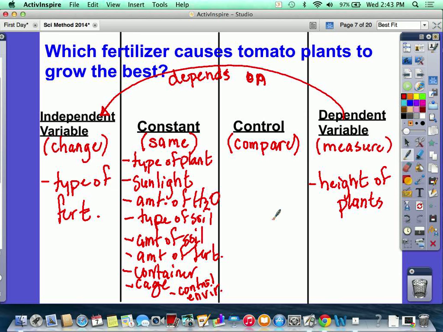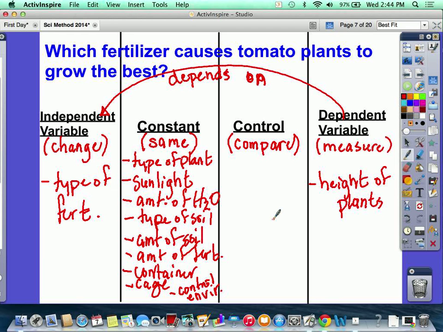Think about it. Why do we need plants that get no fertilizer? There's a very good reason for this. Why do you think, Rhea? To see how the fertilizer affects the plant. Well, let me ask you this. Are plants going to grow if you give them sunlight and water? Yeah. They're going to grow anyway, right? So how are we going to know whether they're growing just because they're getting sunlight and water?